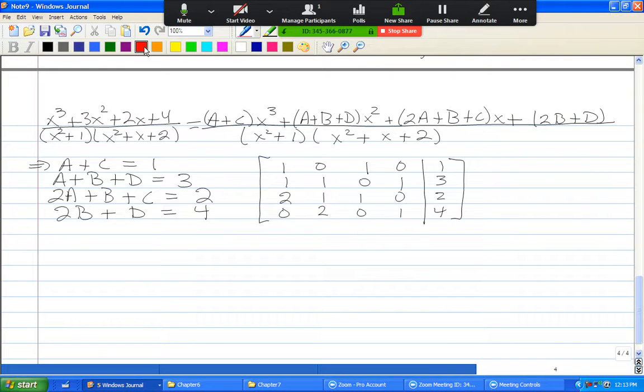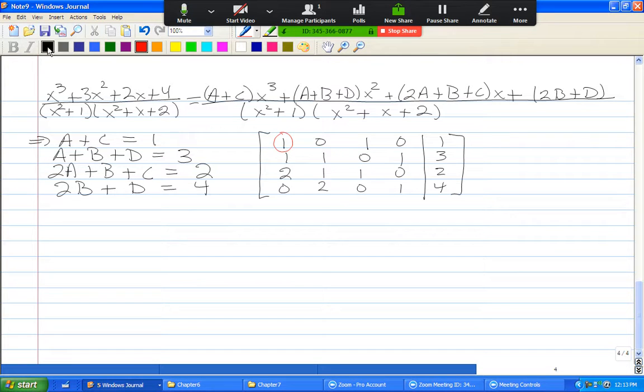Okay, so let's pivot. And might as well do it anyway. It's good practice for what we were doing a few minutes ago. So I'll keep the first row the same. Second row, subtract the first row to get a new second row.